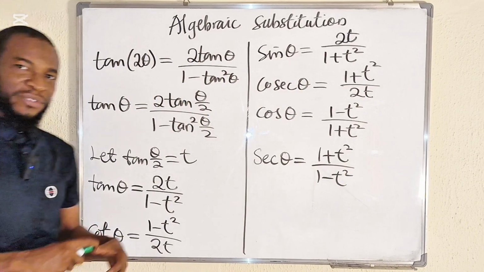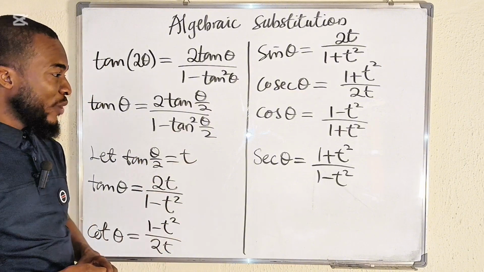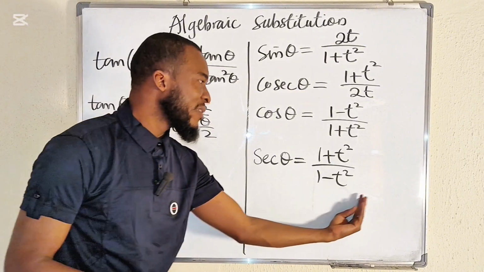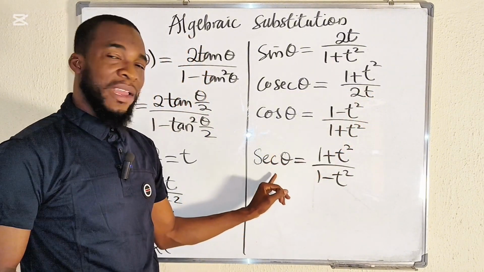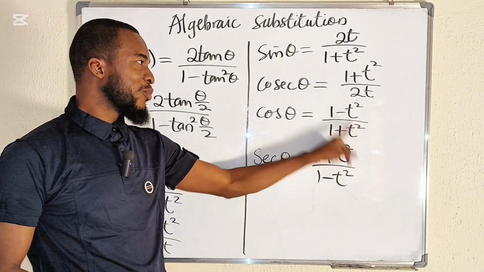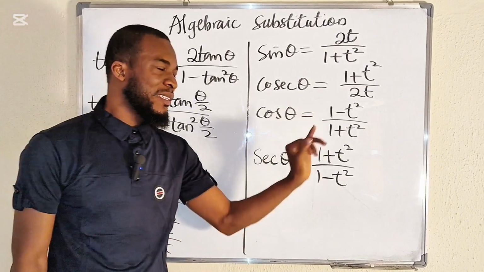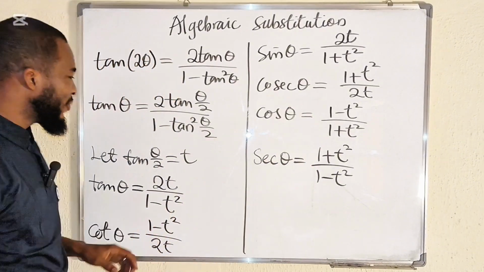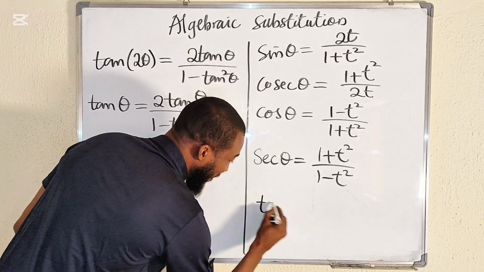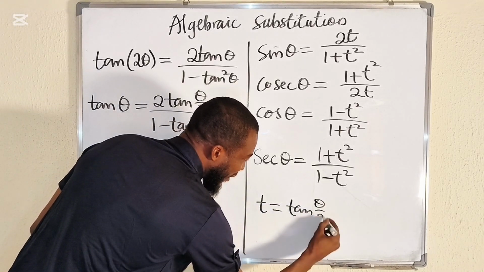So all of these 6 ratios, when you encounter them in an equation, you can confidently replace them with this. If it is secant you see, replace it with this. Cosine theta, replace it with that. In that order. Solve the equation in terms of t, then you back substitute the value of t in the end to be equal to tangent of theta divided by 2.